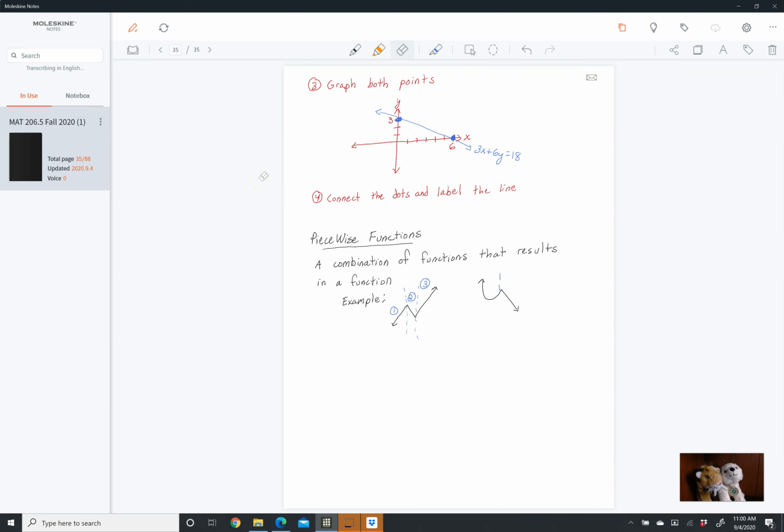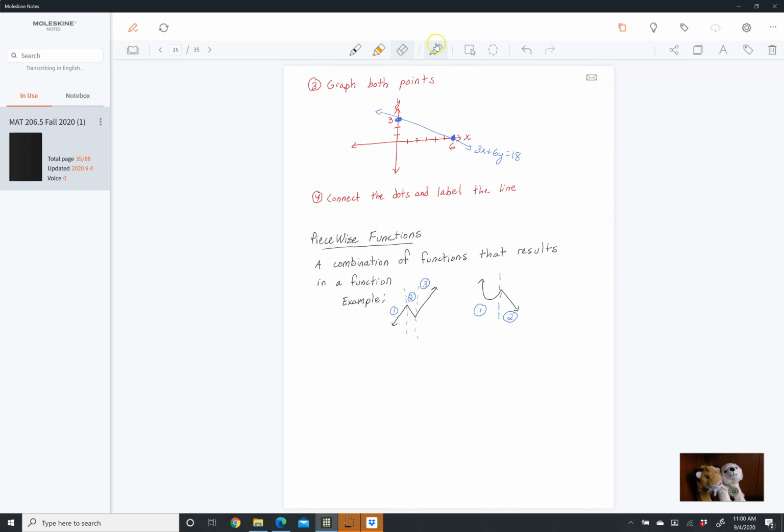So we have part of a parabola. This is the parabola. And then we have a line. And when we join them together, it's not vertical. So this still passes the vertical line test when we put those functions together. Okay.